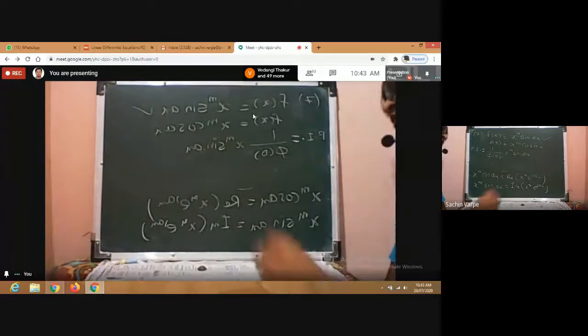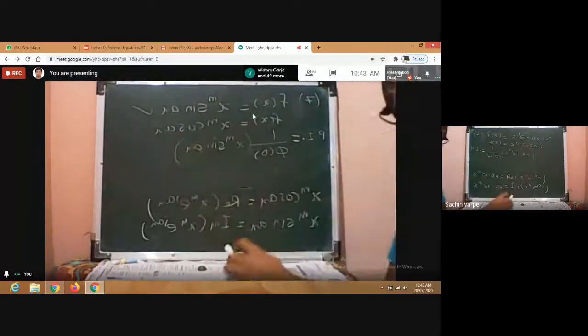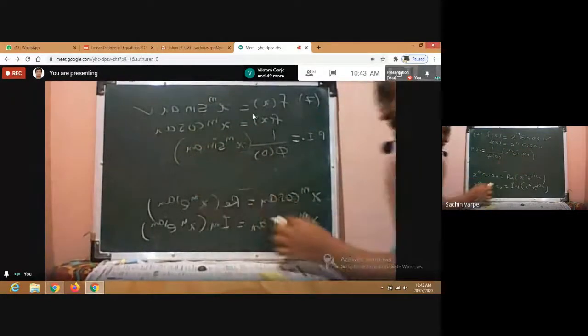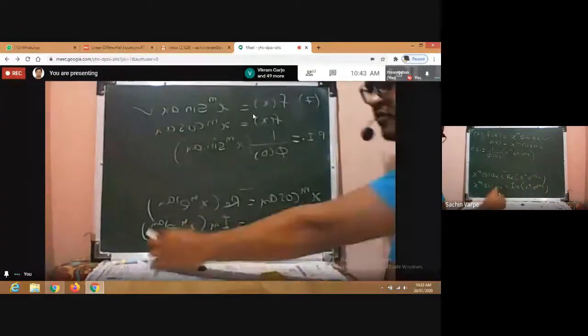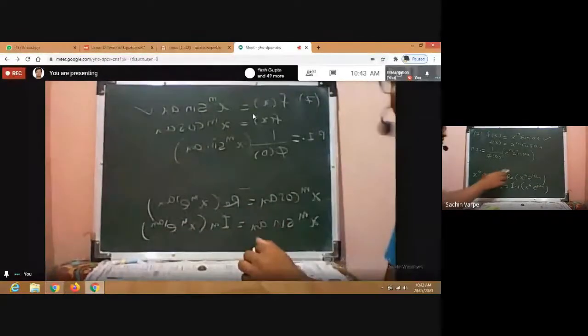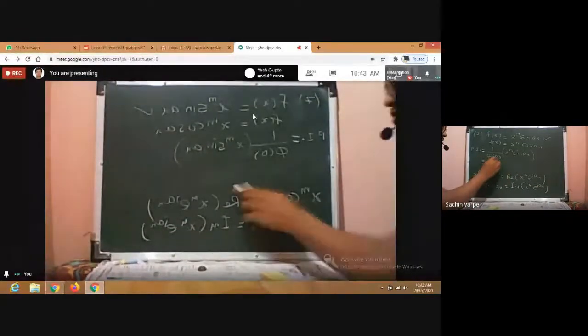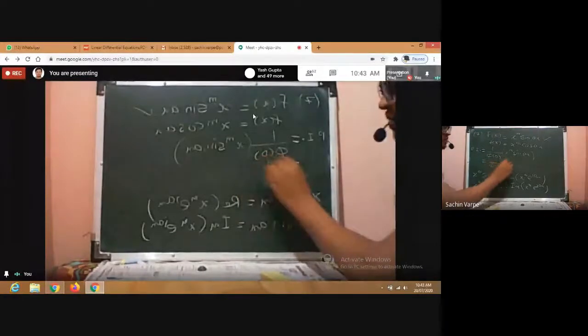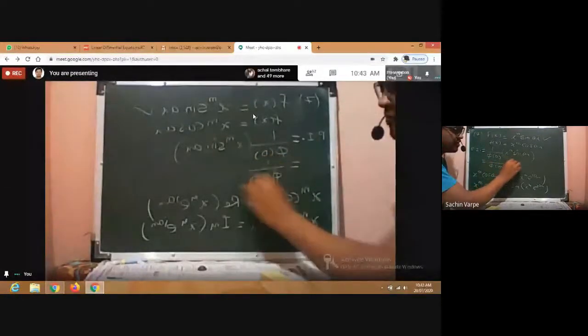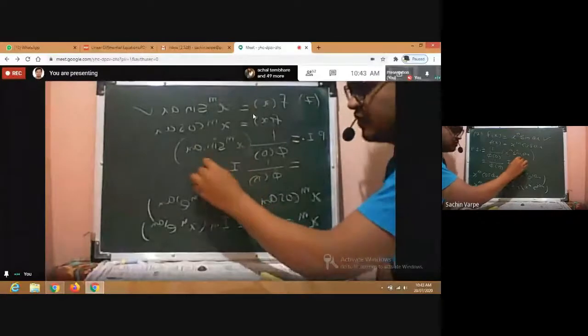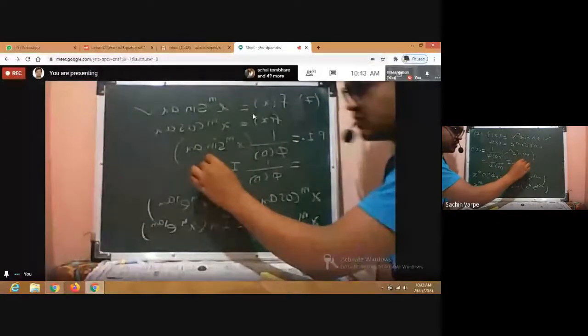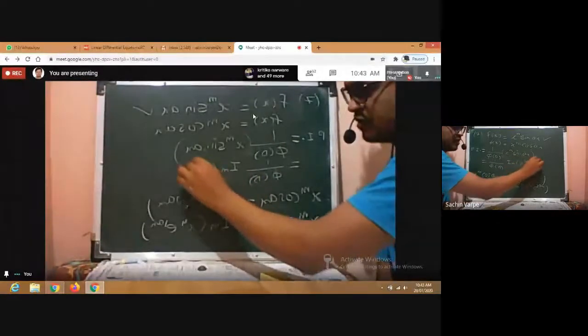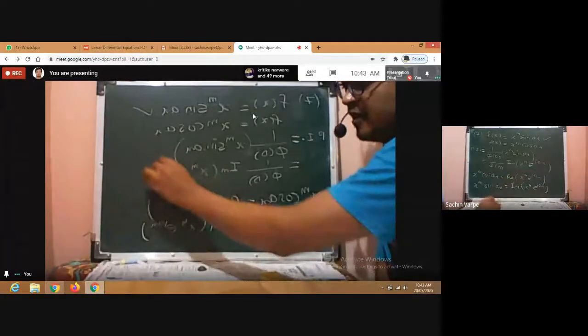This is the imaginary part of this. So I can write 1 upon phi of D, imaginary part of x raised to m e raised to i ax. Please ask if any doubt in these formulas.